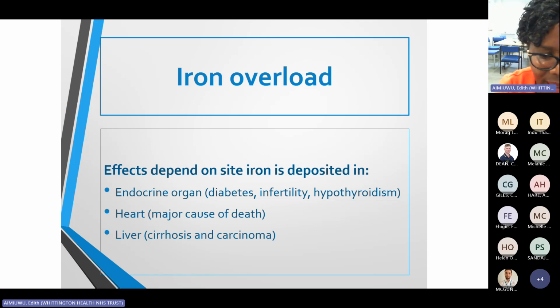Then also in the liver can result in liver cirrhosis and carcinoma. However, I don't think this occurs so suddenly in a newborn, newly transfused, but over time. So we need to be quite vigilant in looking out for iron overload and managing that effectively.